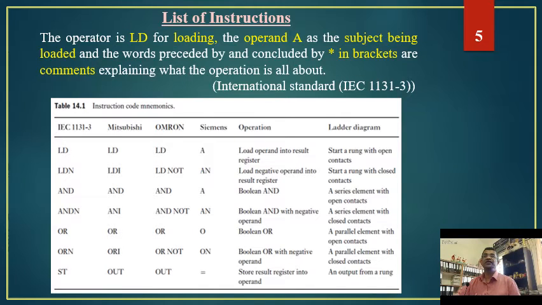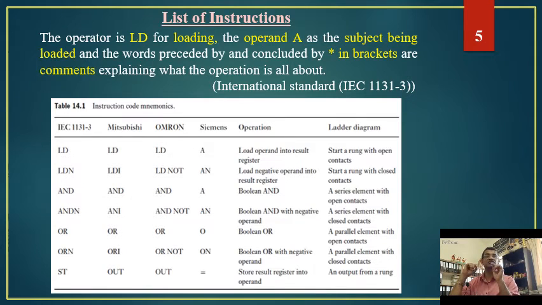In IEC, Mitsubishi as well as Omron, it is represented as LD itself, but in Siemens normally we write a capital A. Normally after writing this LD, we have to represent the address of that particular switch, and after writing the address, in brackets we can write some notes or comments.